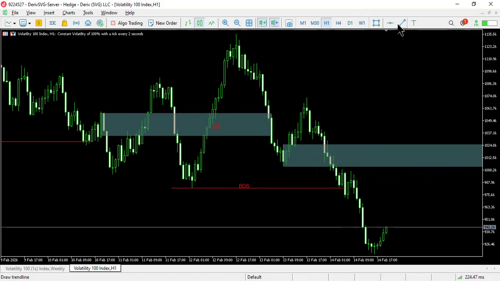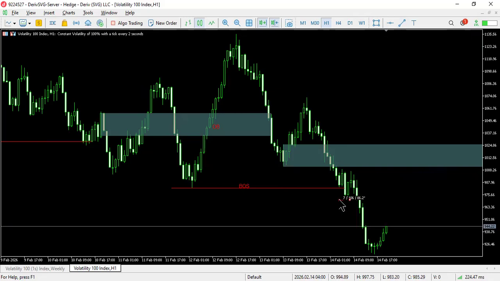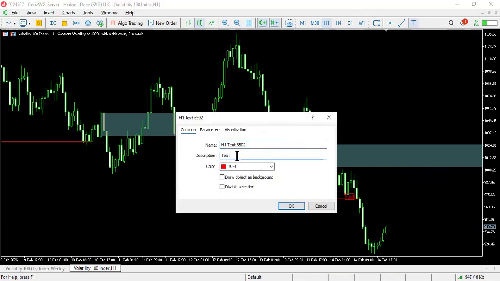It is that order block, and I'm seeing that break of structure right there as liquidity that price has to clear to go and dip into that order block right there.